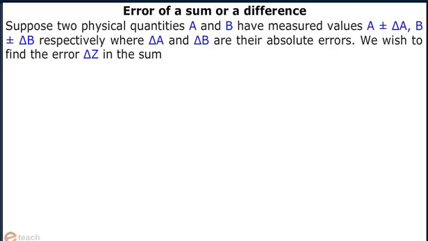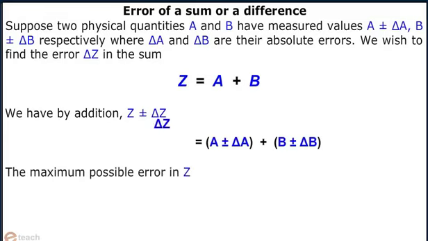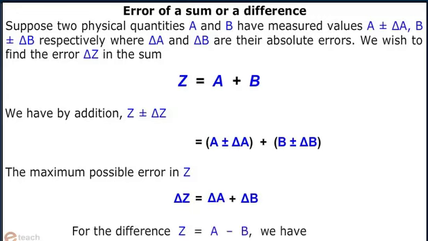We wish to find the error delta Z in the sum Z equals A plus B. We have by addition Z plus minus delta Z equals A plus minus delta A plus B plus minus delta B. The maximum possible error in Z, delta Z equals delta A plus delta B.